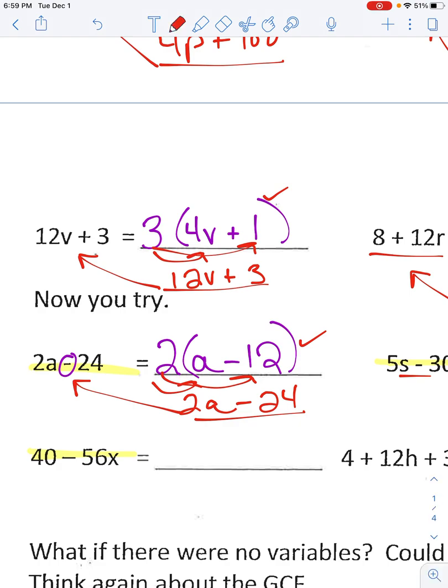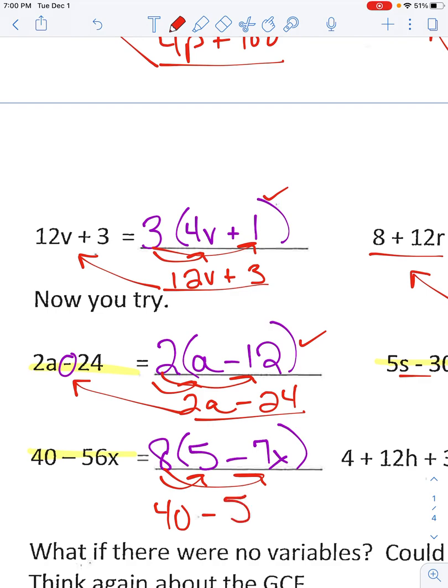A factor that they have in common is an 8, the greatest common factor. 40 divided by 8 is 5. 56 divided by 8 is 7x. I need a subtraction sign there in the middle. 8 times 5 is 40. 8 times a negative 7x is a negative 56x. This matches this. I know I solved it correctly.